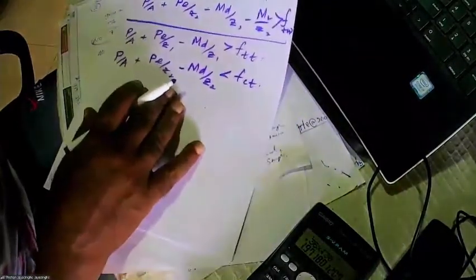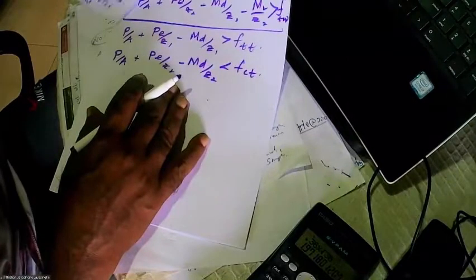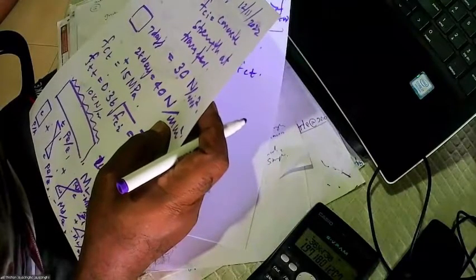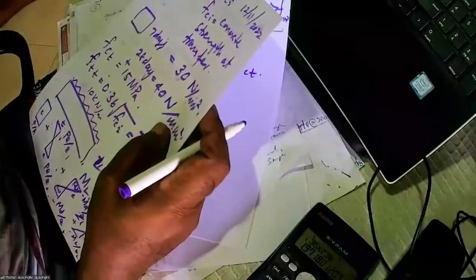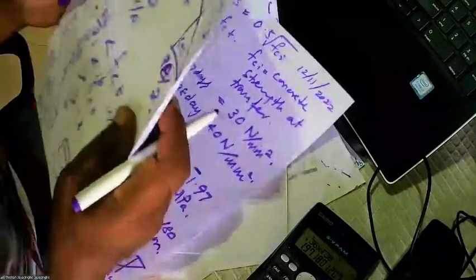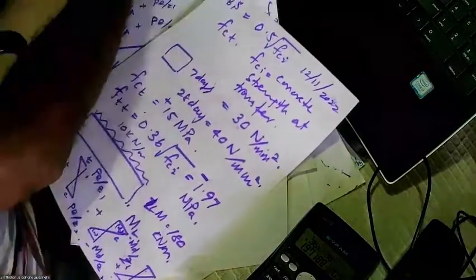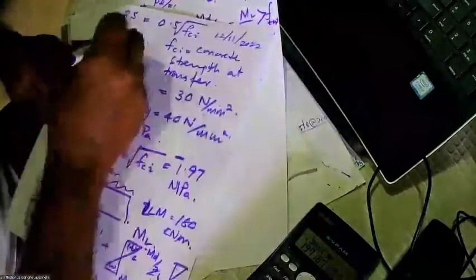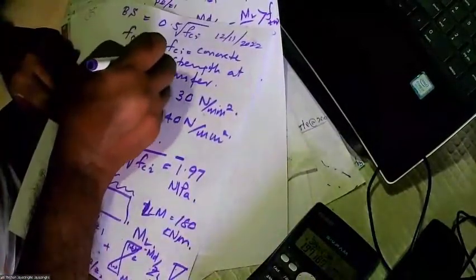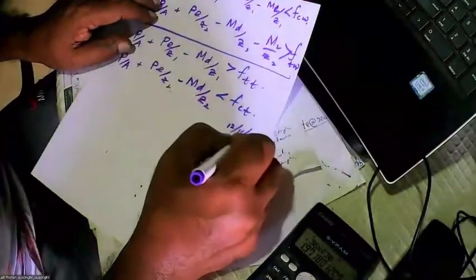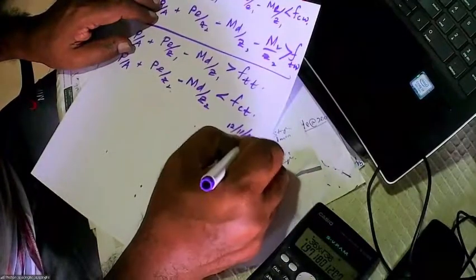Then I get this equation dealing with, what is the page number? 8. So this is 9. 10. 11.